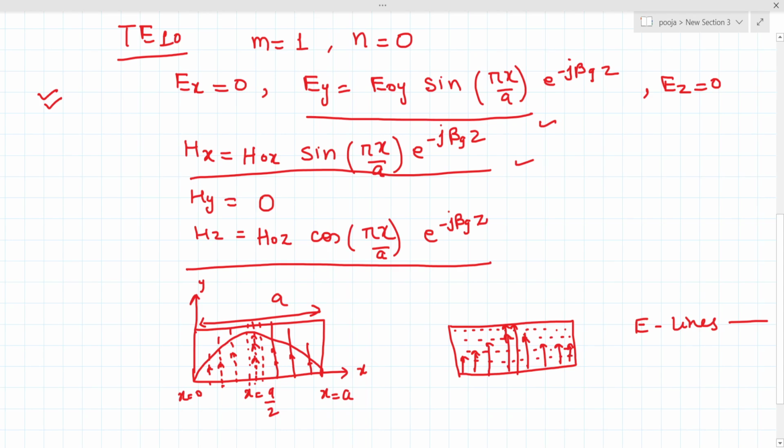The number of half waves of electric field that exist within this waveguide is 1. One half wave will exist along the x-axis, and the number of half waves along the y-axis is 0. This is TE10 mode.